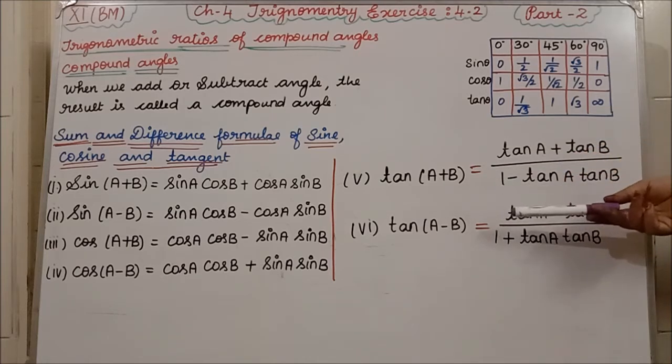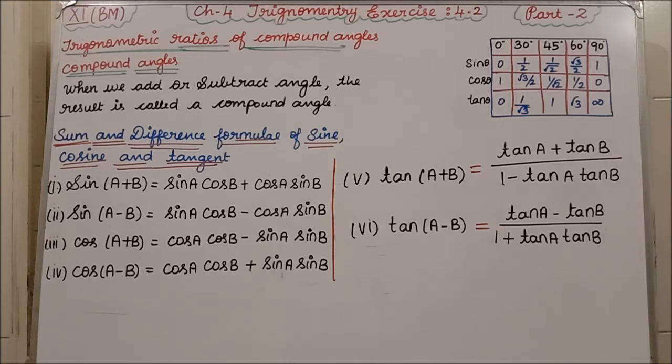Tan A minus B means tan A minus tan B divided by 1 plus tan A tan B. Okay, now these are the 6 formulas we are going to apply in exercise 4.2, subdivisions 1 and 2 only. Still some more formulas are there that we'll see later.